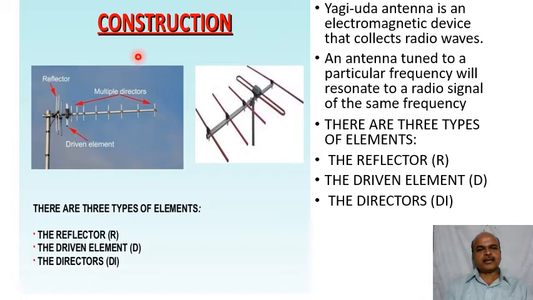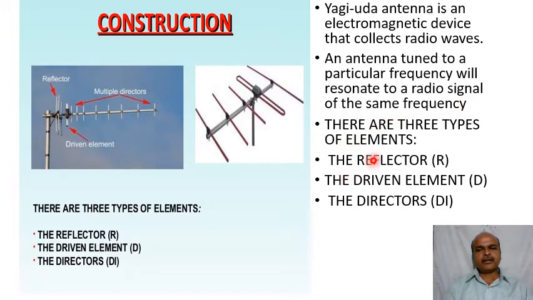So next is the construction of this antenna. The Yagi-Uda antenna is an electromagnetic device that collects radio waves. An antenna tuned to a particular frequency will resonate to a radio signal of the same frequency.